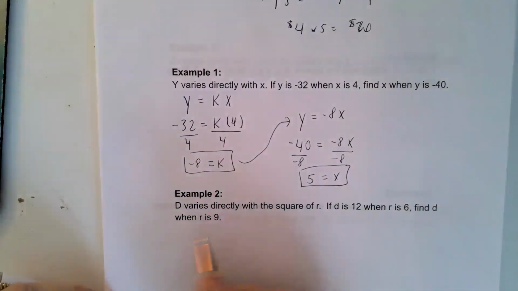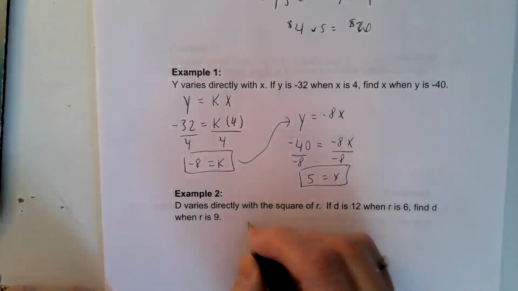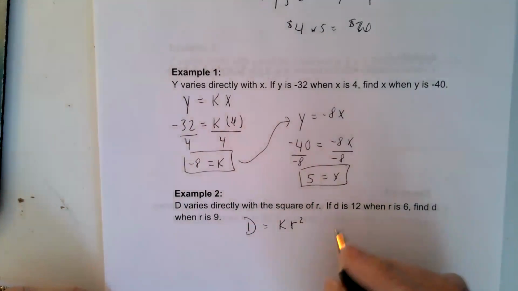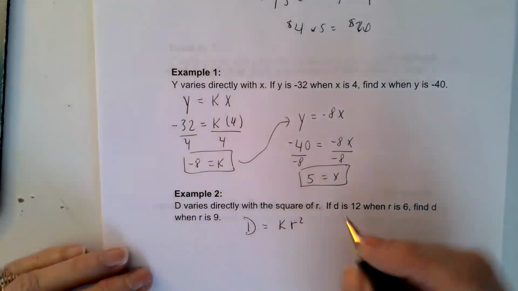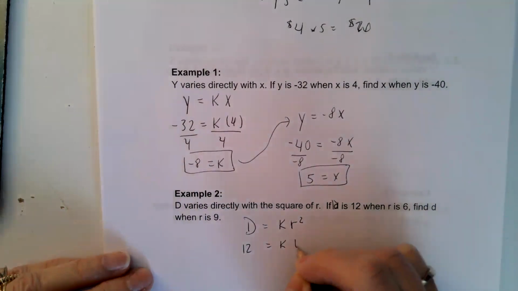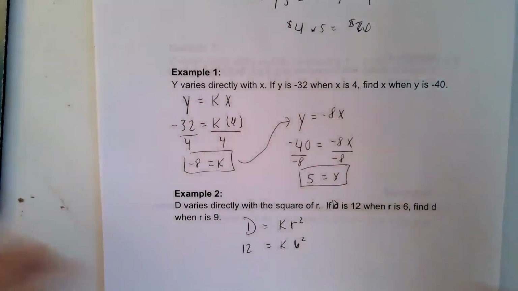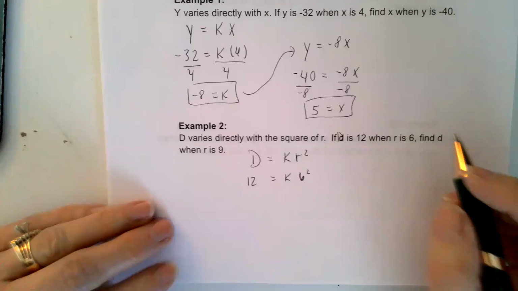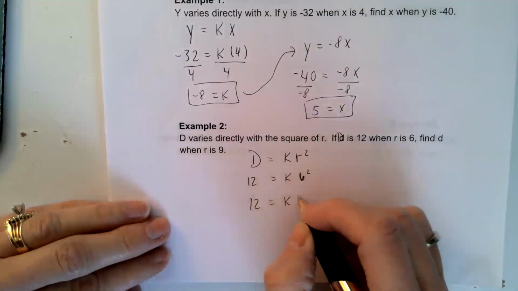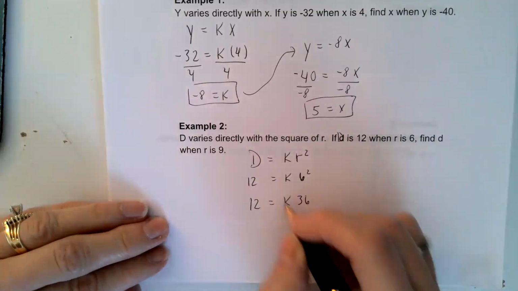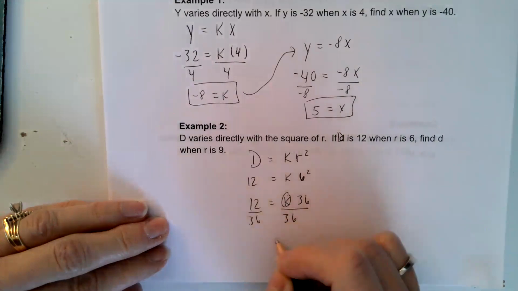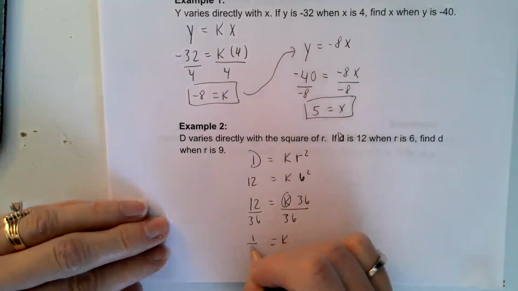Let's try another one. It says D varies directly with the square of R. If D, big D or little d, I guess that could be, is 12 when R is 6, find D when R is 9. So first we have to find K. And so to solve for K, we're going to divide by 36. So K is actually 1/3.